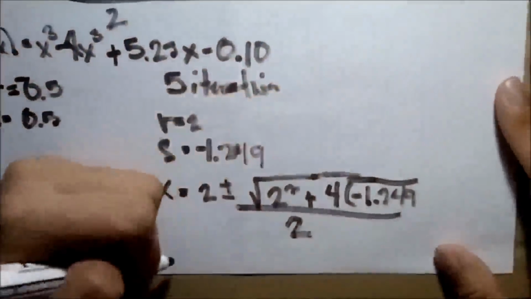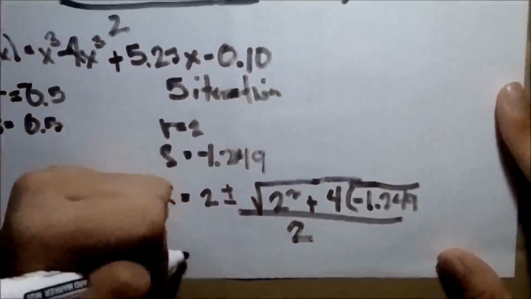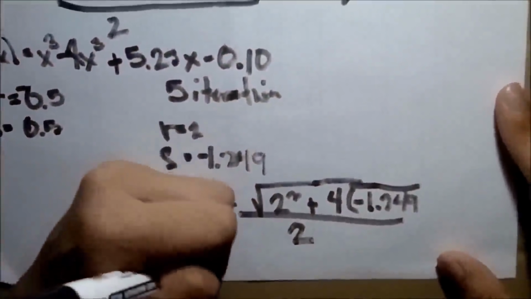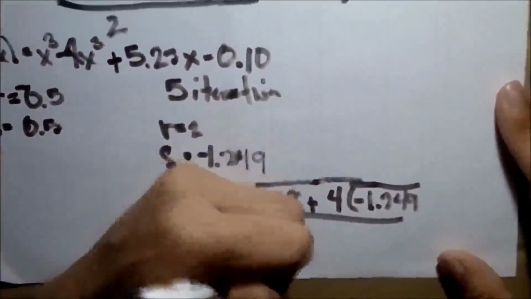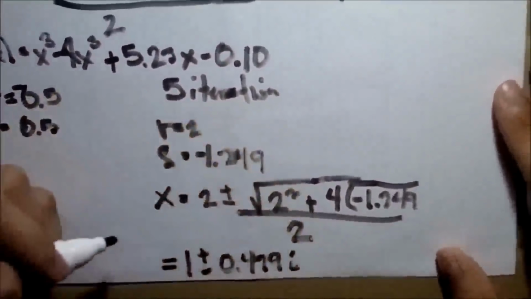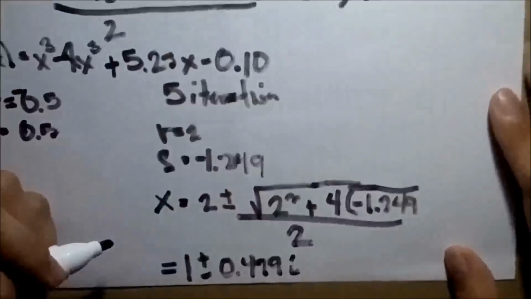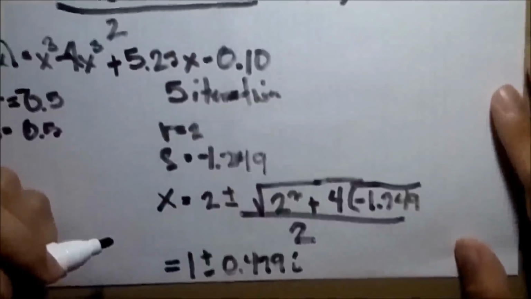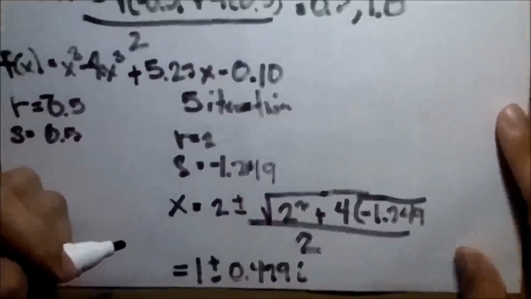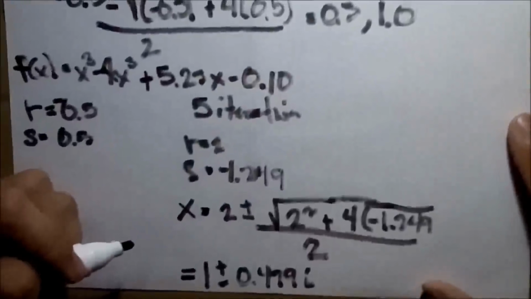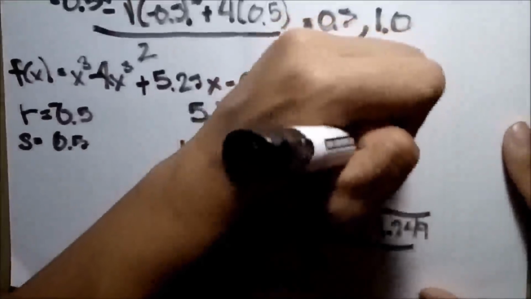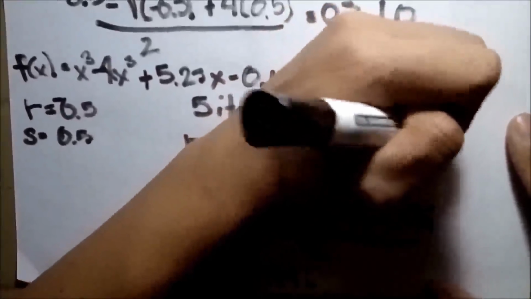The answer will be 1 plus or minus 0.499i. Which means that the remainder in this formula will be r equals 2.